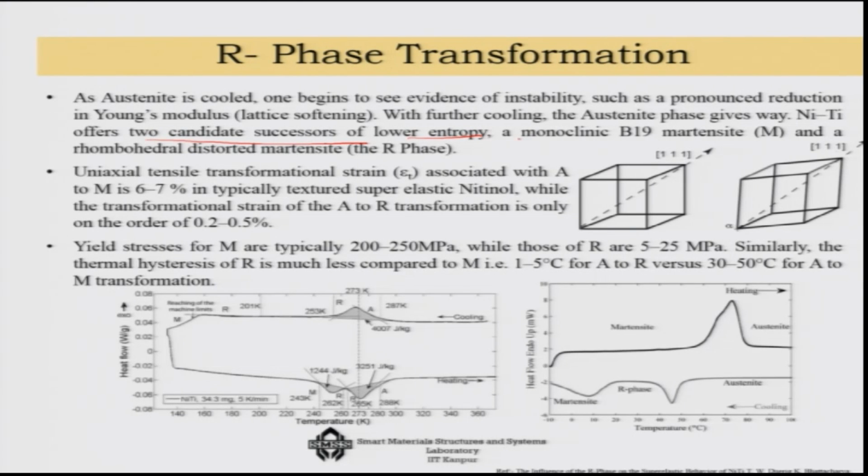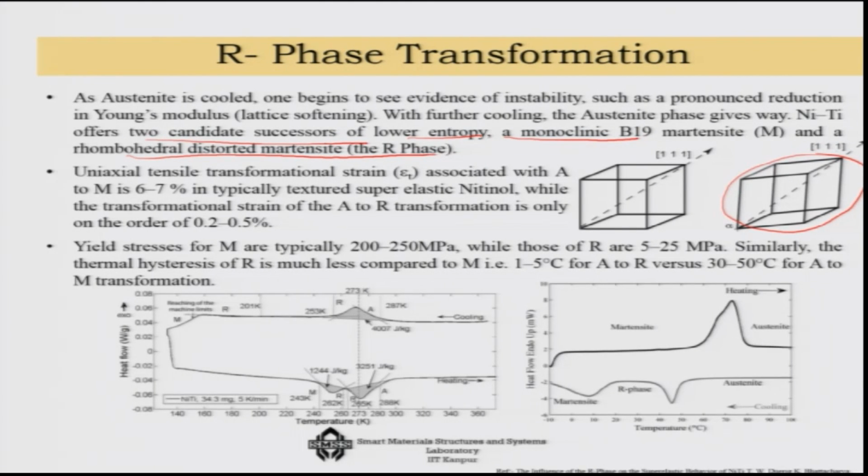It can either go to the monoclinic B19 Martensite phase, or it can go to the rhombohedral distorted Martensite, or the R phase. So, there are these 2 possibilities in the system.